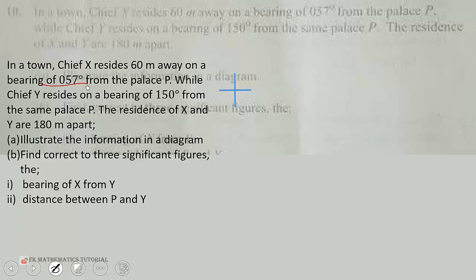That will give us an angle of 33 degrees with the horizontal, because 57 plus 33 gives you 90. So P is down here, and X is up there.